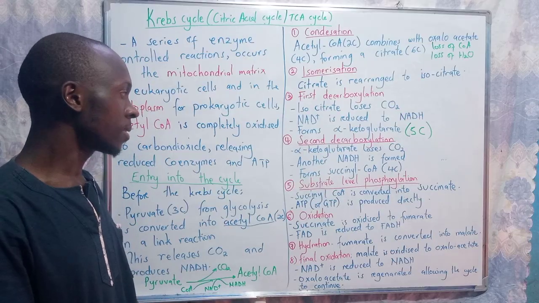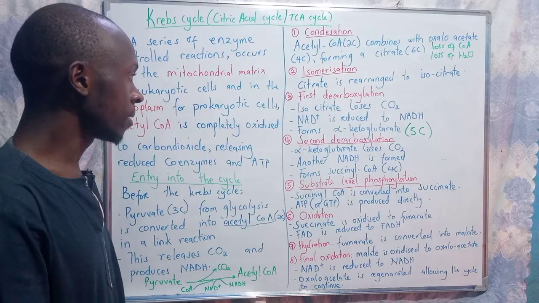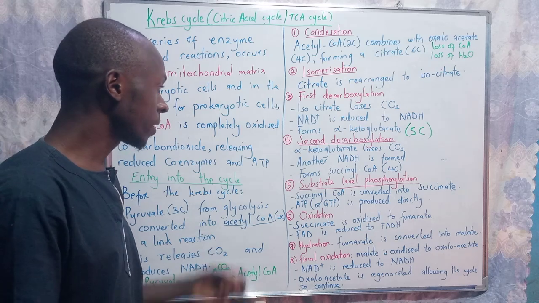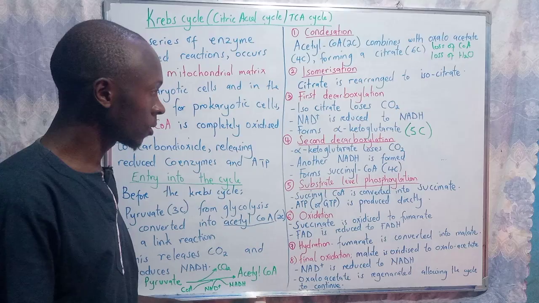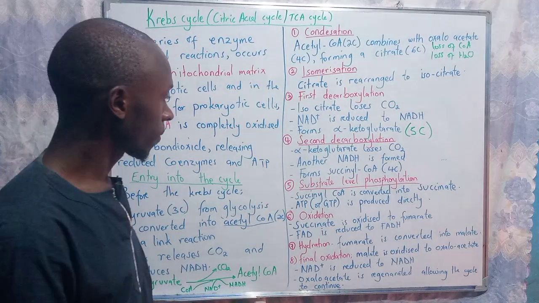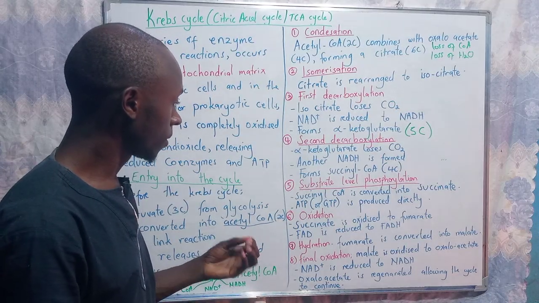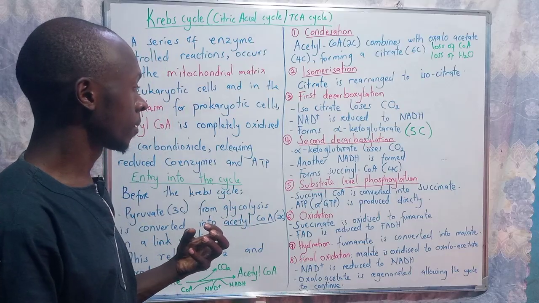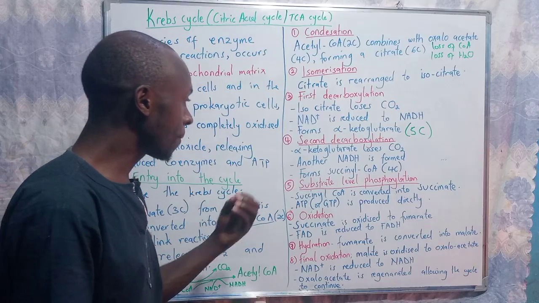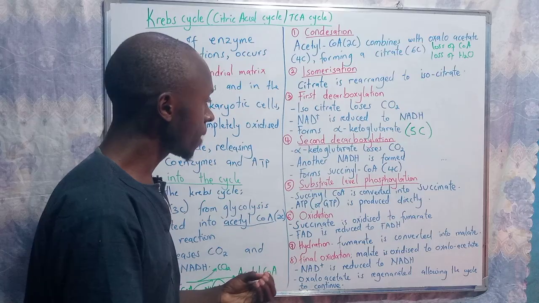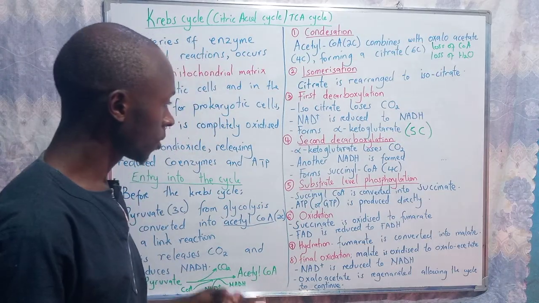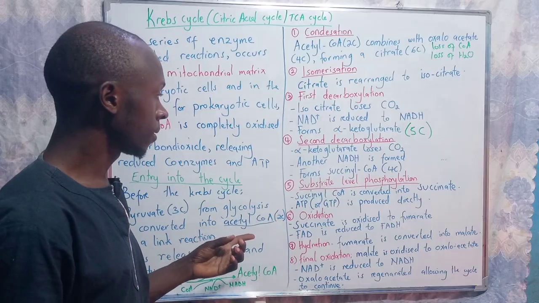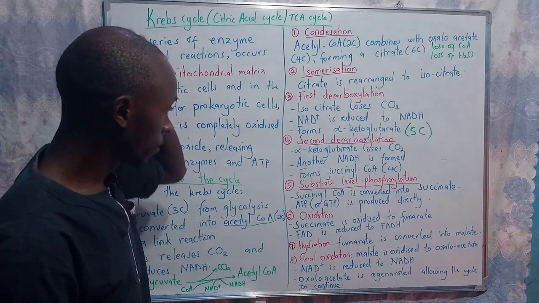So at that stage we're having GDP, guanine diphosphate, picking up a phosphate molecule to form GTP or ATP. So energy is released at that stage of substrate level phosphorylation.